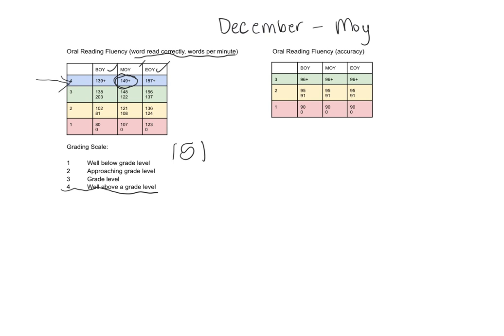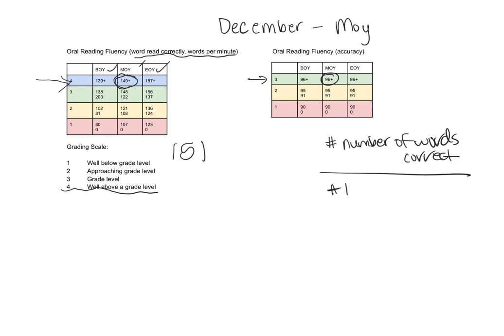Now, when I calculated the percentage of words read correctly out of total words, my student was 97% accurate. So that is here, and it's the 3 band, and that means grade level because I took the total number of words correct, sorry for the messy handwriting, over total words read.